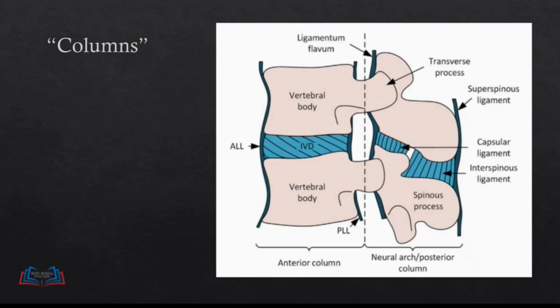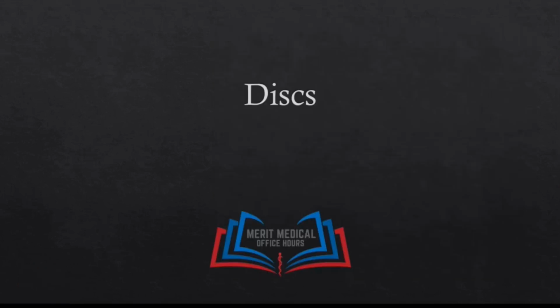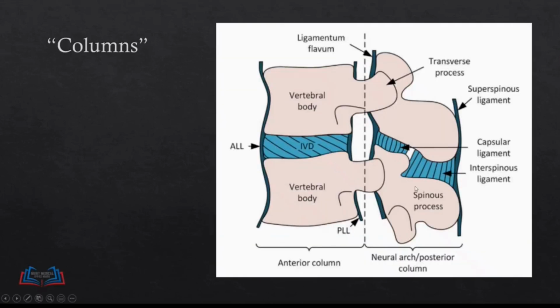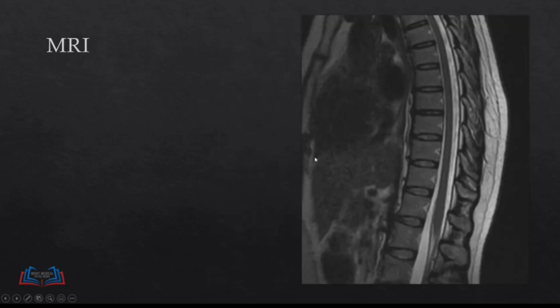The discs, again, are the areas where you have the spacers, made of cartilage in between the vertebrae, and they do allow motion to occur, but there is much restricted motion in the thoracic spine as a result of the ribs primarily. This is an MRI view showing what you can see.